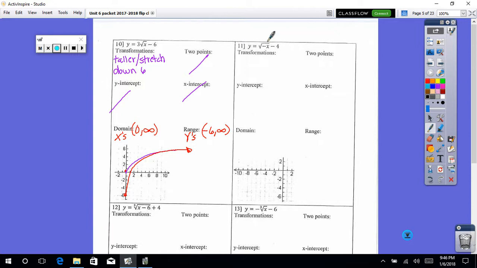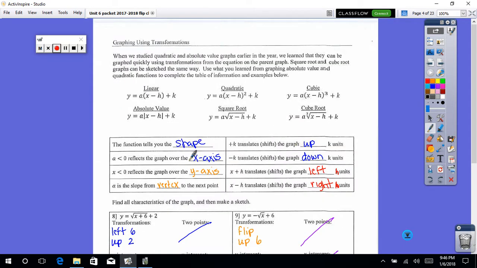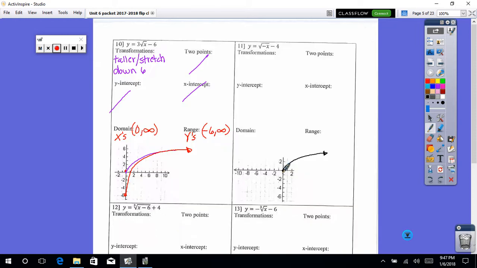Okay, looking at number 11, still the square root function. We're still dealing with this guy. The negative on the x, if you flip back and look, the negative on the x tells us it flips over the y-axis. So instead of my graph pointing towards the right, it's going to flip the other way.